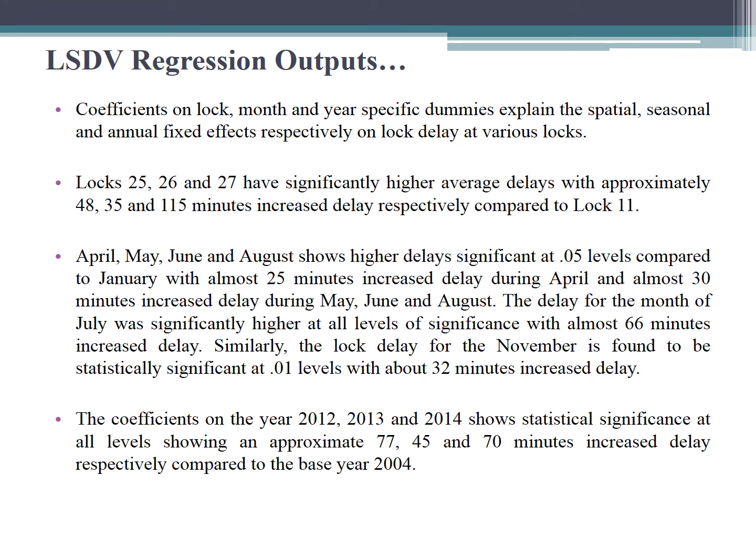Similarly, for the year dummies, we can see that for the years 2012, 13 and 14, we have statistical significance at all levels, showing an approximate 77, 44, 45 and 70 minutes increased delay respectively compared to the base year 2004.